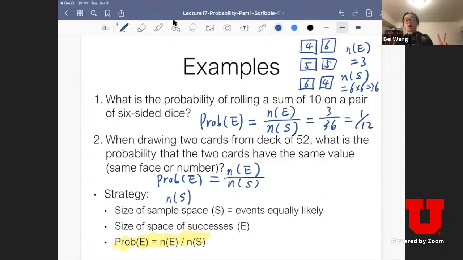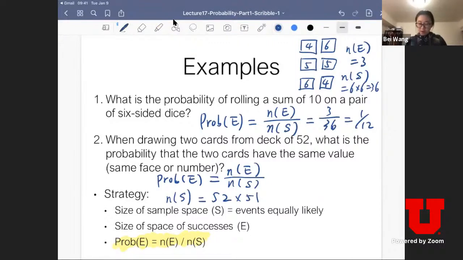Remember, you are picking two cards from the deck of 52, and it's drawing cards without replacement. What does that mean? When I pick the first card, I have 52 choices. Once I take that out, I choose the second card, and that has 51 choices. So that is 52 times 51.